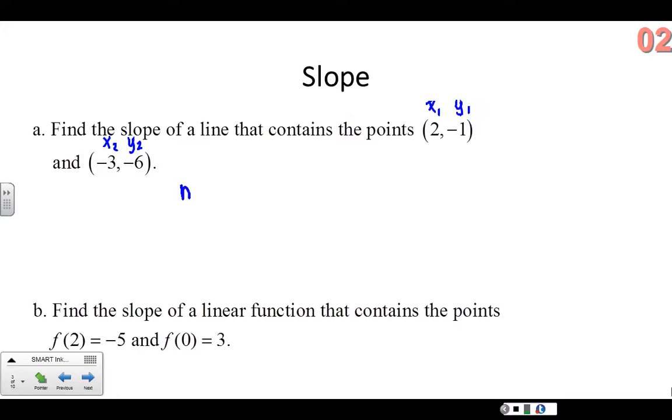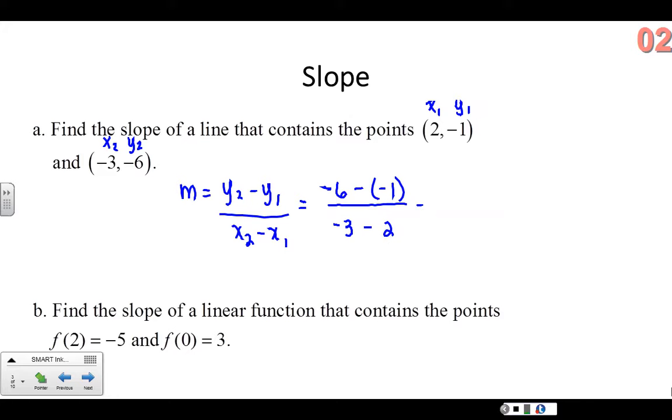So if we want to use the slope formula, which was y2 minus y1 over x2 minus x1, then we know what numbers to plug in where. So y2 is -6 minus y1 is -1, so minus -1, over x2 minus x1, so that would be -3 minus 2. So now to work that out.